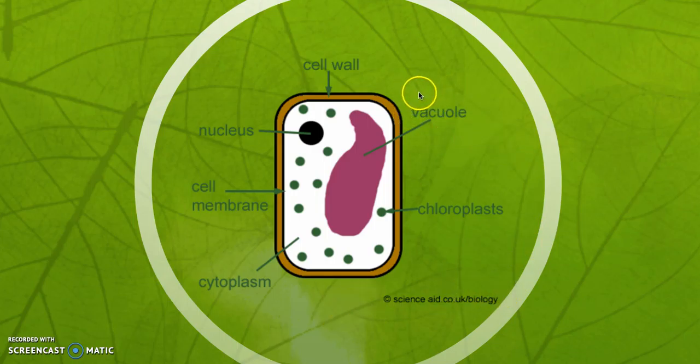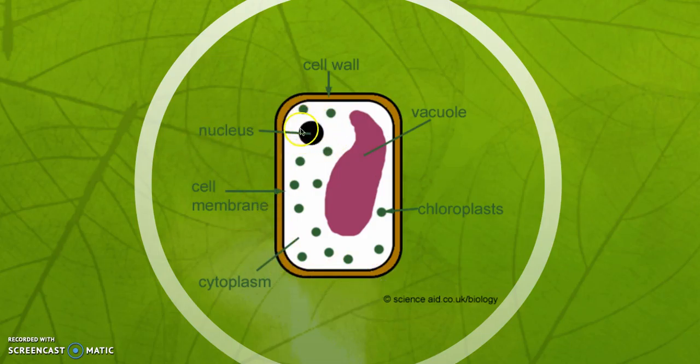There's a vacuole, which looks like this big blob of purple goo. There's a cell wall, and cell walls are unique to plant cells. Animal cells do not have this. This brown layer, which kind of looks like a Pop-Tart almost, is the cell wall, and it protects the cell.